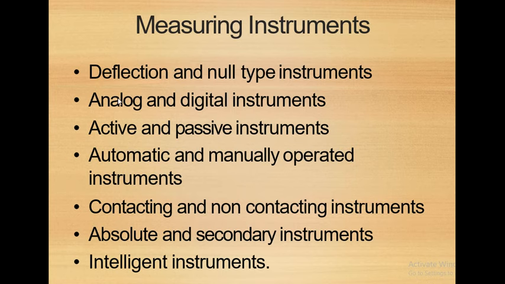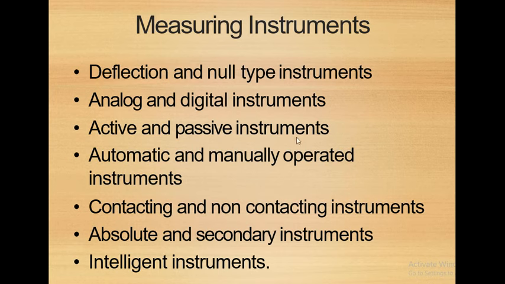Secondly, it can be analog or digital. After that, an instrument can be active or passive. Then it can be fully automatic or manually operated. Then it may be contacting, making contact with the measured quantity, or a non-contacting type of instrument. Then it can be absolute or a secondary instrument. The last one is that an instrument can be intelligent.